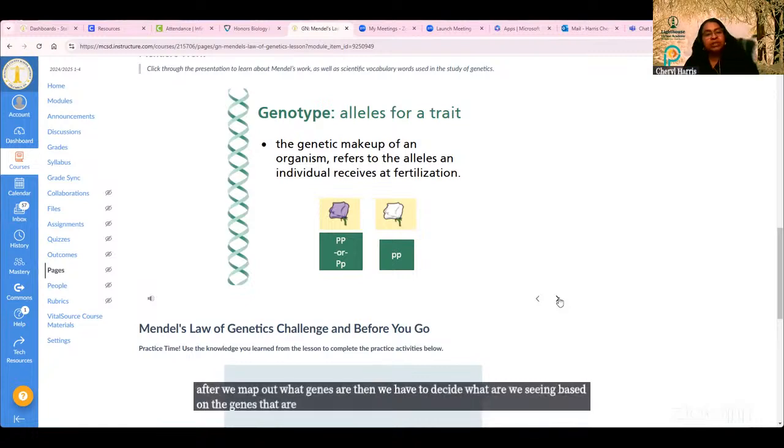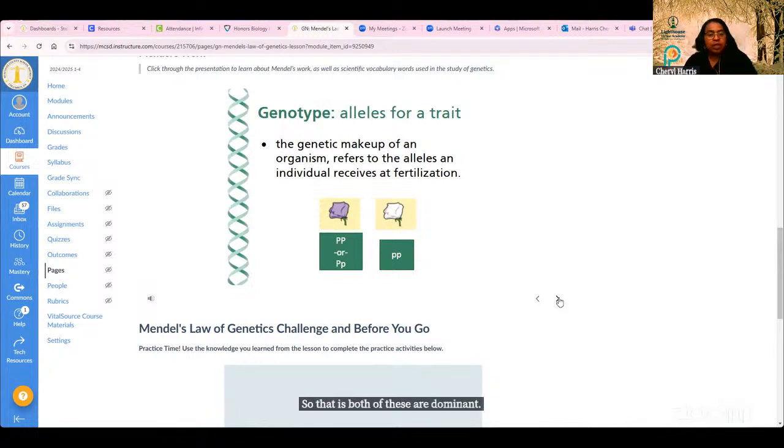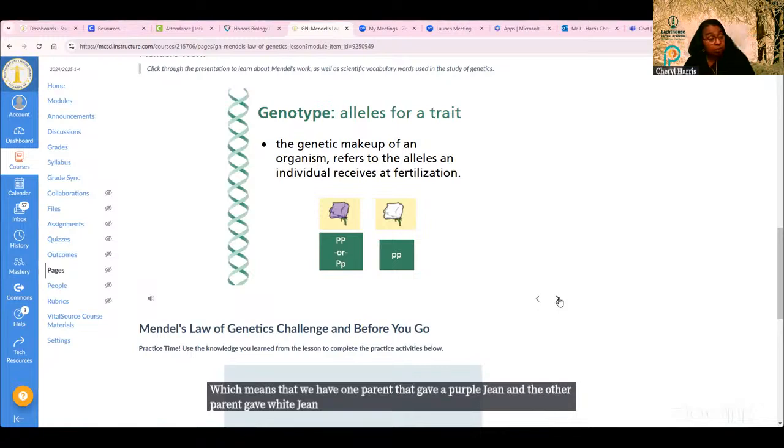So again, when we say the genetic makeup, we're saying capital P, capital P. So both of these are dominant for the purple flowers, or it's capital P, small p, which means that one parent gave a purple gene and the other parent gave a white gene. Or we have small p, small p. So when we express genotype, we're only talking about the letters.